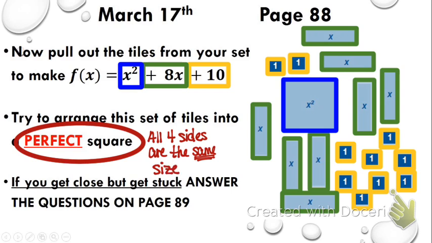All right. Play around with this for a little bit. If you guys hit any problems or you get stuck, turn to page 89 and answer the questions there to help you work through that. Yes, 8 of the green ones, 10 of the yellow ones, and 1 of the big blue ones.